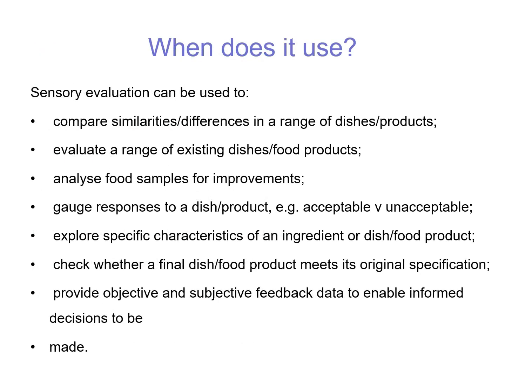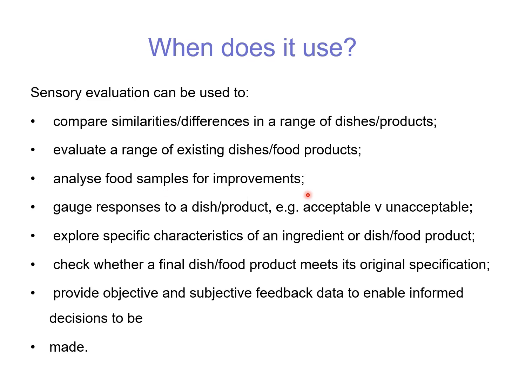So when is it used? Sensory evaluation can be used to compare similarities or differences in a range of dishes or products, and also to evaluate a range of existing products and analyze food samples for improvement.